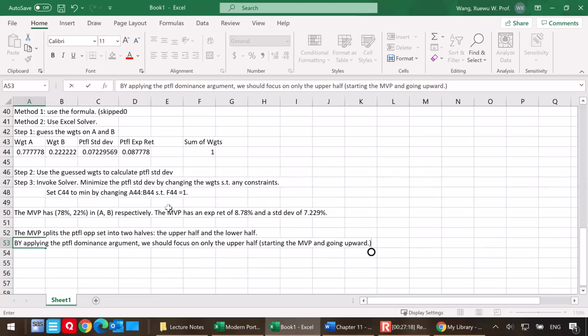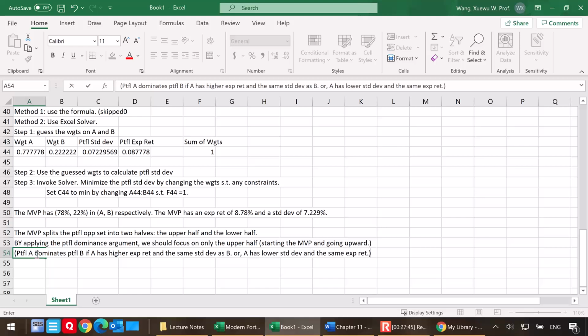I should actually say, portfolio A dominates portfolio B if A has higher expected return and the same standard deviation as B, or alternatively, A has a lower standard deviation and the same expected return.